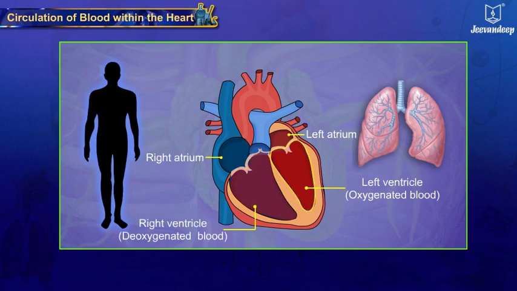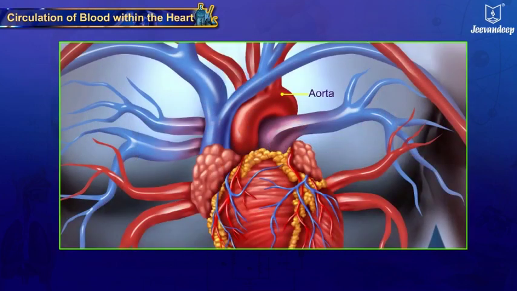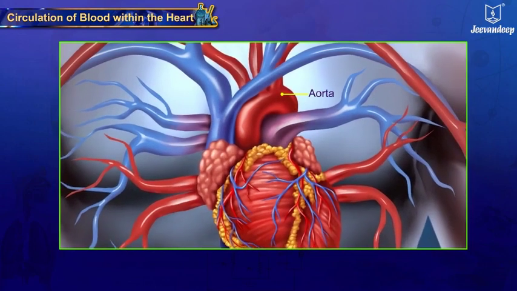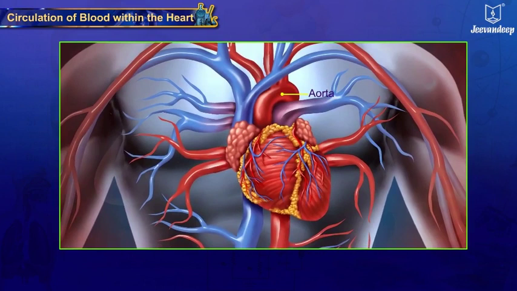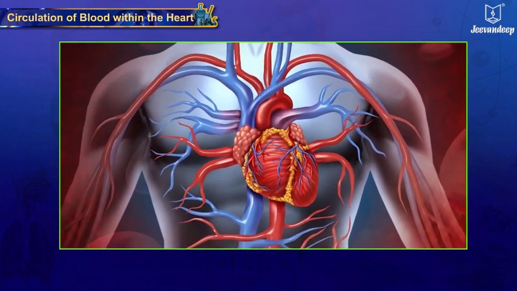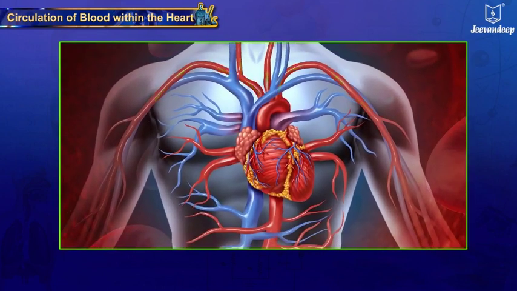Muscles of left ventricle contract and pump the oxygenated blood into the aorta. The aorta divides and subdivides into vessels and capillaries. These vessels carry blood to all parts of the body.